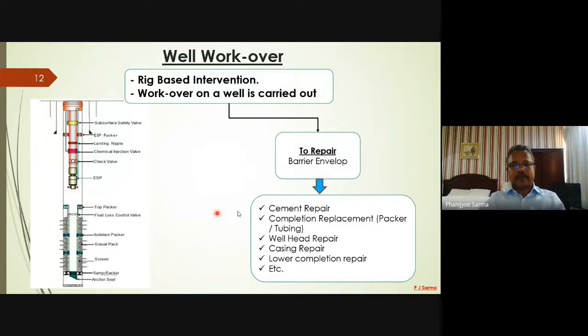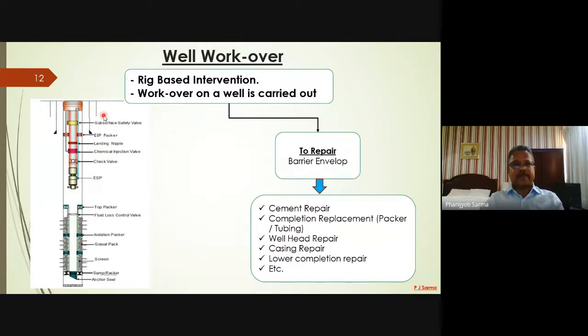So the type of workover could be cement repairs. If the cement fails, then we need to repair the cement. Completion replacement, either upper completion replacement or lower completion replacement. The packer is failing, the tubing is leaking or getting corroded, so it needs replacement, so you need to do the workover. Sometimes the wellhead needs rectification.